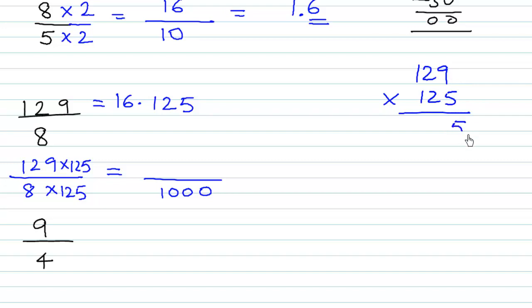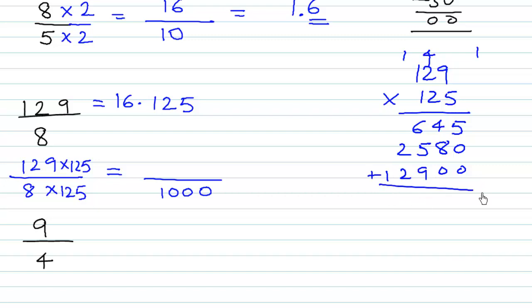9 5s are 45, 4 carry. 2 5s are 10, 14, 1 carry. 1 5s are 5, 6. We'll put a 0. 2 9s are 18, 1 carry. 2 2s are 4, 5. And 2 1s are 2. Then we put 2 zeros. 1 9s are 9, 1 2s are 2, 1 1s are 1. Let's add all together.